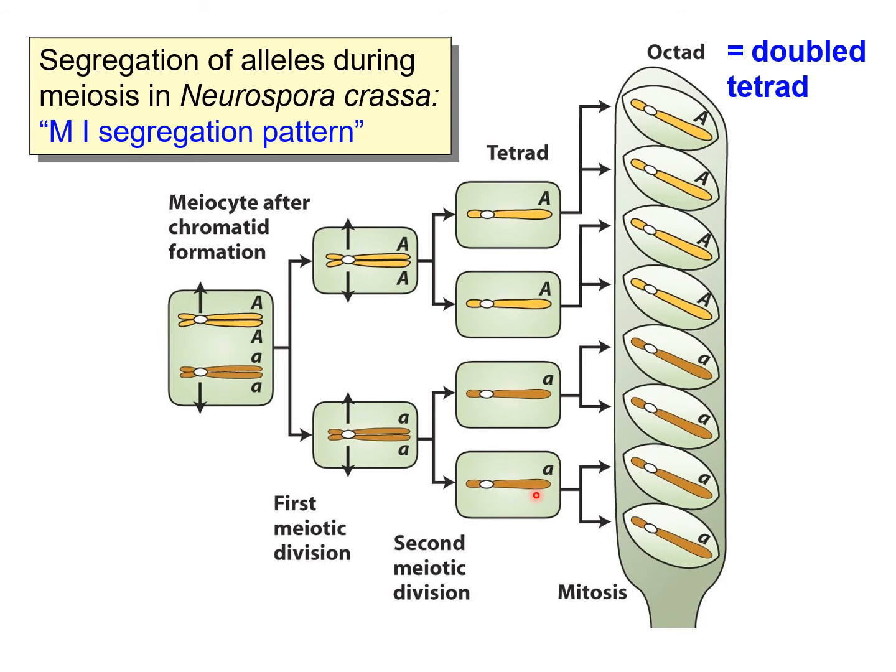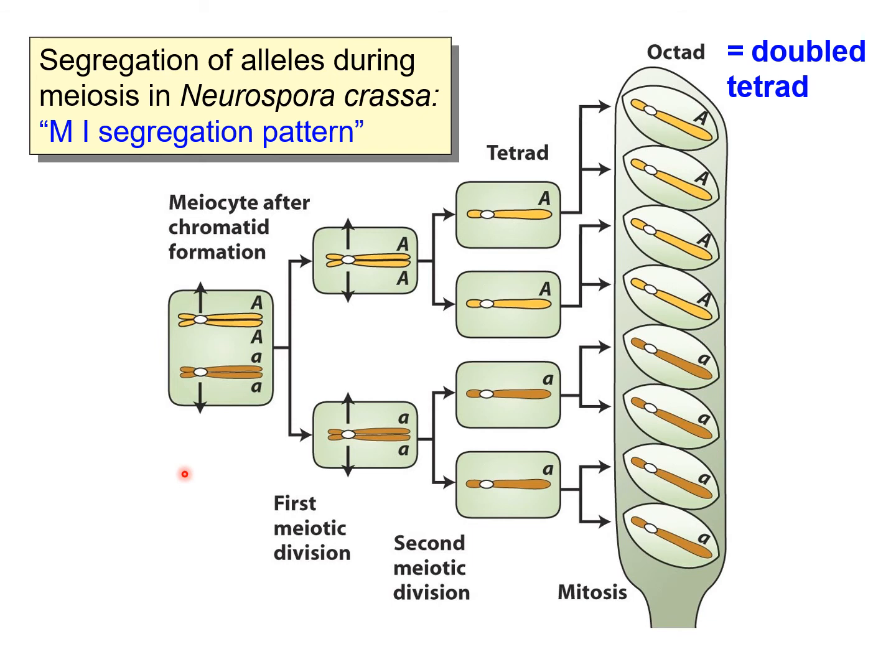Now all of these four nuclei undergo one more division. We call it mitosis, which is the equational division. Here each results into two different nuclei. So capital A, capital A, capital A, capital A. This results in formation of two nuclei. Again, this results in formation of two nuclei.